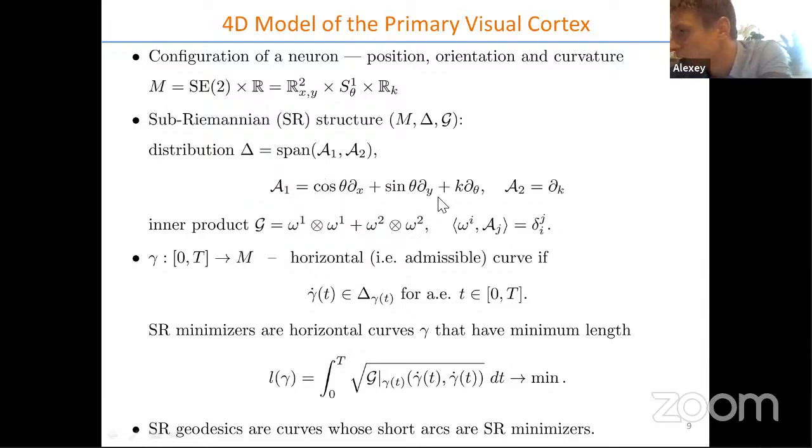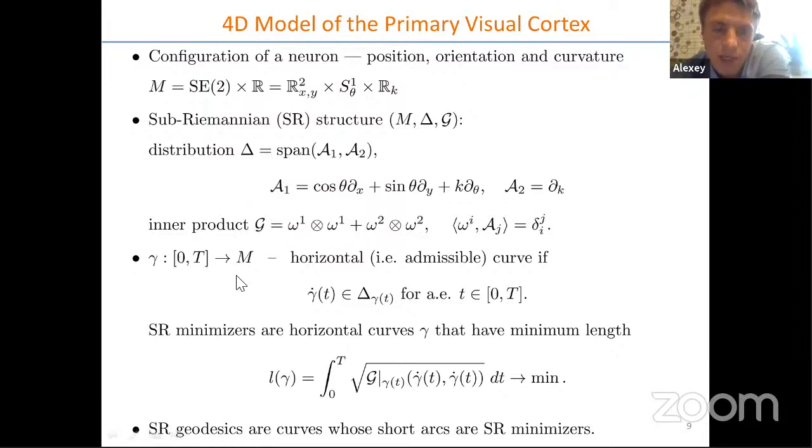The difference from the three-dimensional model is the presence of this additional term k d theta. And we introduce an inner product on the distribution delta in a standard way. So omega 1 and omega 2 are the dual basis forms, dual to the vector fields A1 and A2, and delta i j is the Kronecker symbol.